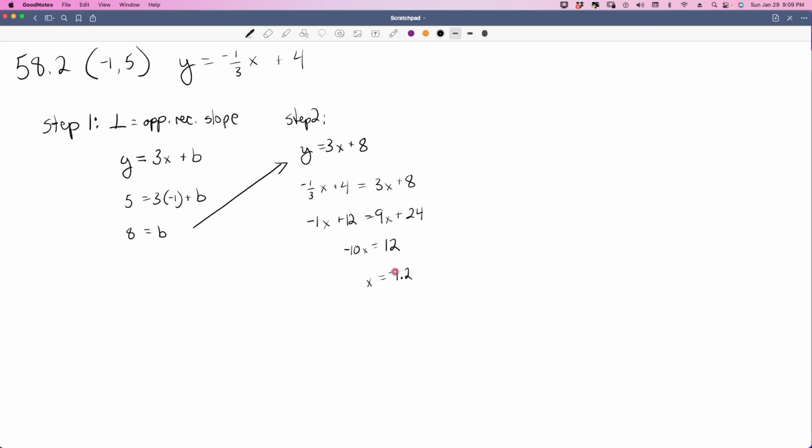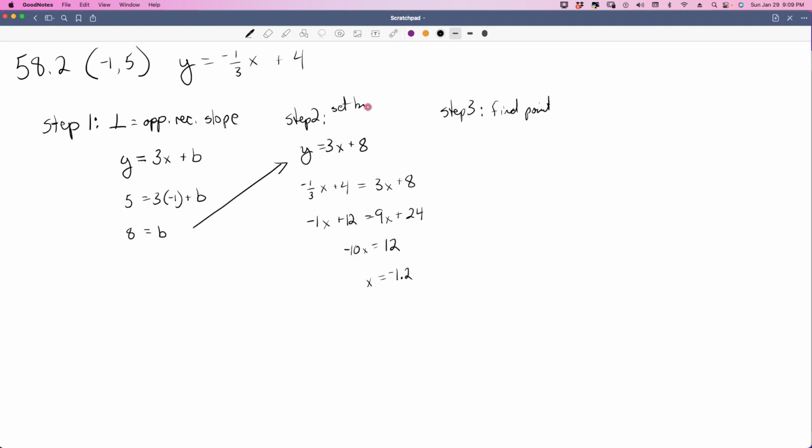So now that we have the decimal, the value for x, step 3, we're going to find our point. So this is going to be substitution. Or let's just call it what it is.